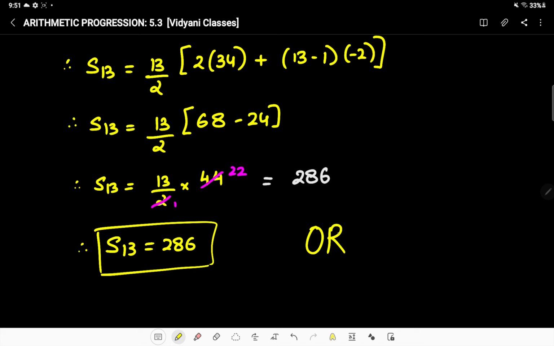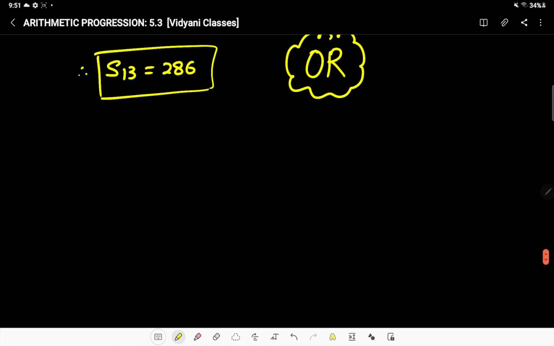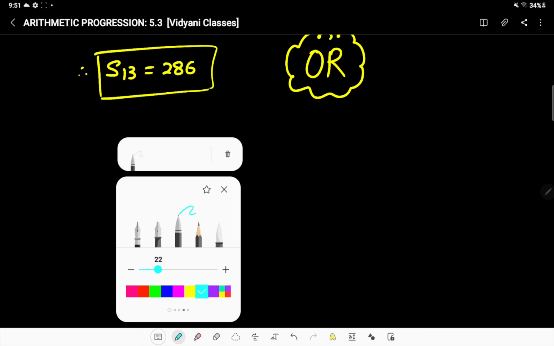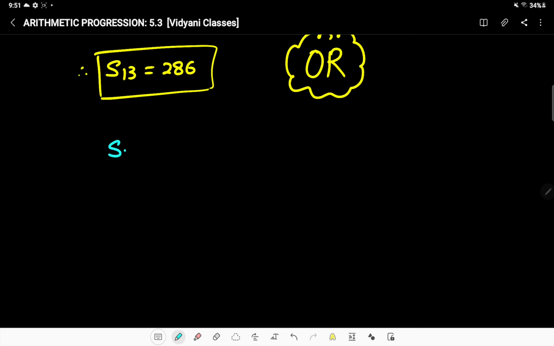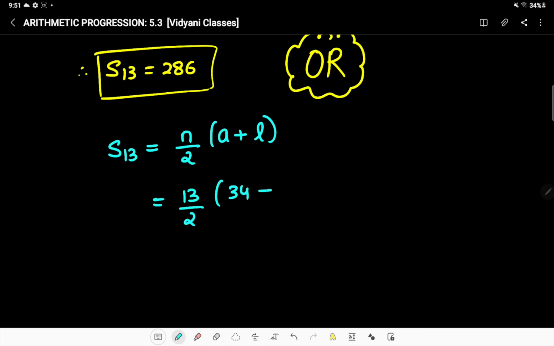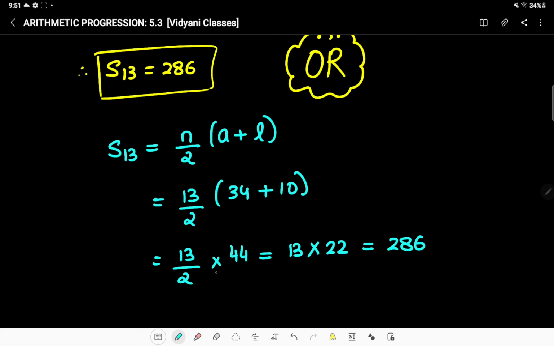The same sum can be solved as S13 equals n by 2 into a plus l. S13, n is 13 by 2. What is my a? 34. What is my last term? That is 10. So 13 by 2 into 44, that is 13 into 22, that is 286.